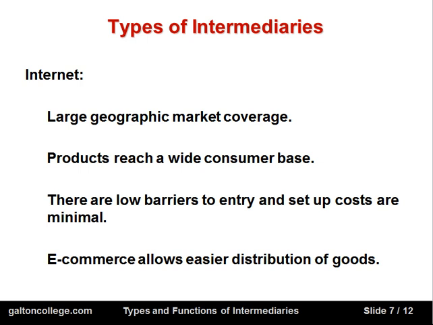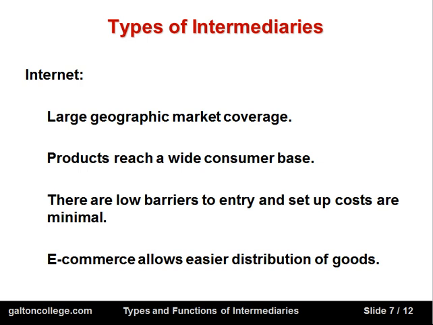The internet, well, it covers a large geographic market. The internet is global, so it's possible to trade globally and trade conveniently and easily in a global setting. The products reach a wide range of consumers. Well, depending on what the restrictions on international trade are, it could be a global market.